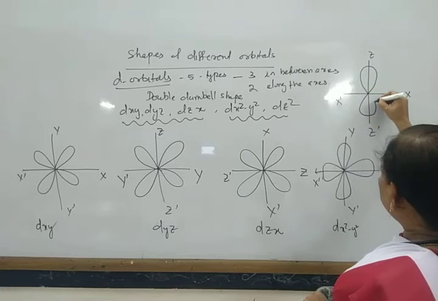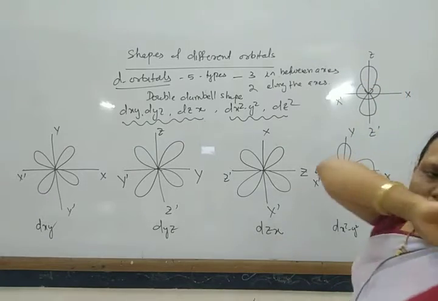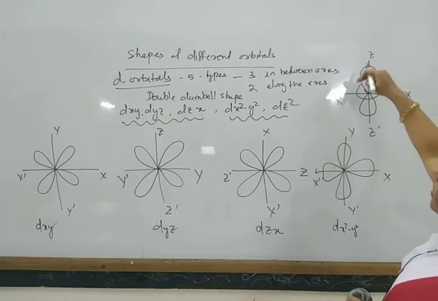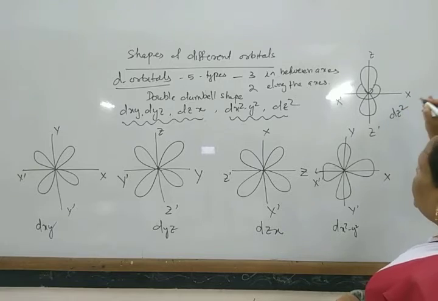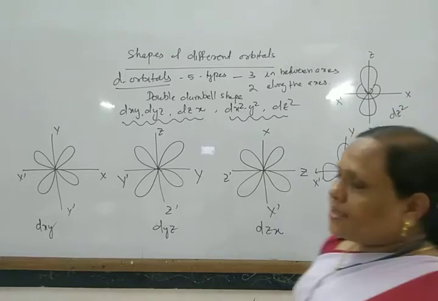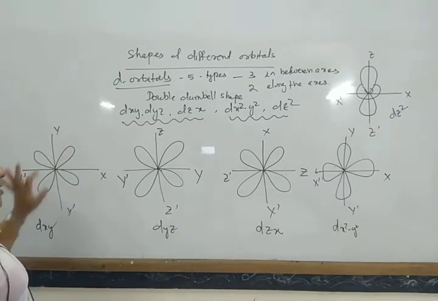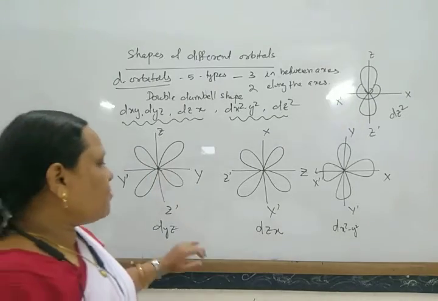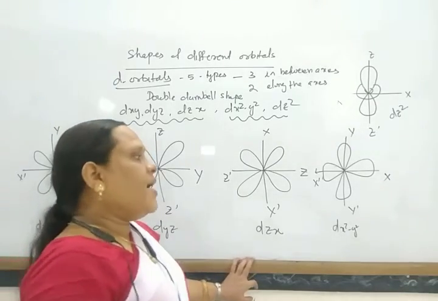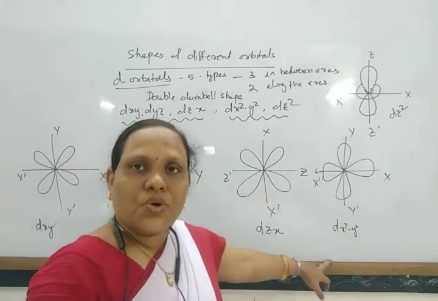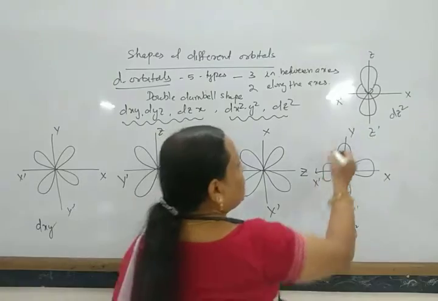So this is actually like pz and a circular layer, another ring surrounding it. So this is the shape of dz square. In this way, there are 5 orbitals. dxy remains in the xy plane, dyz remains in the yz plane, dzx has 4 lobes in the zx plane, and dx square minus y square also has 4 lobes, and they remain along the axes.